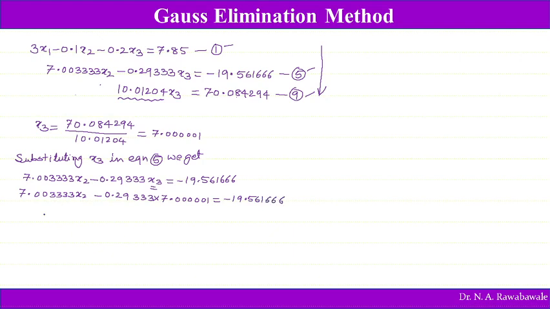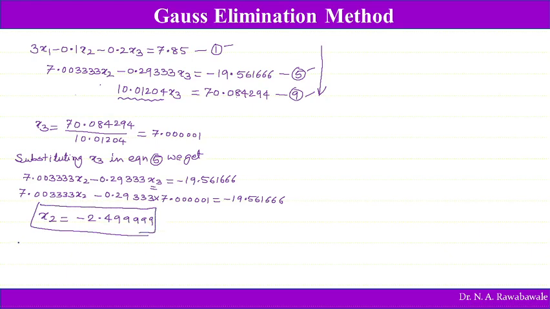On simplification of this, we get x2 is equal to minus 2.499999. So this is how we get the x2 value.